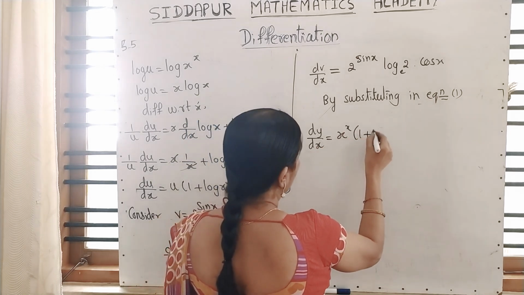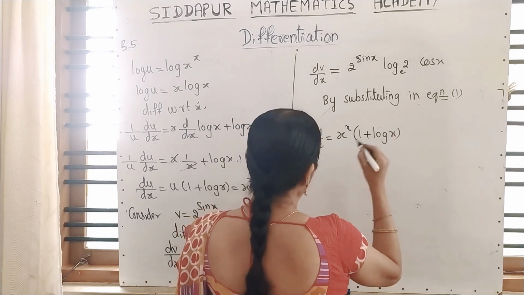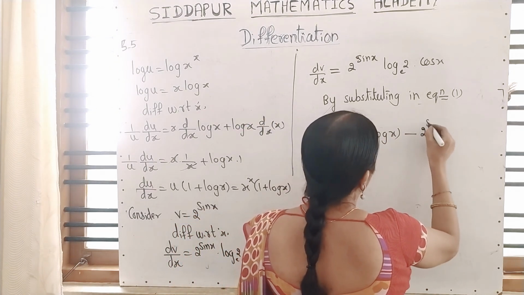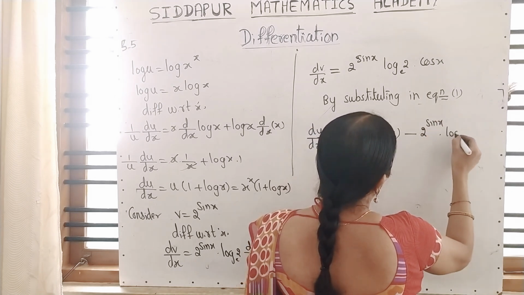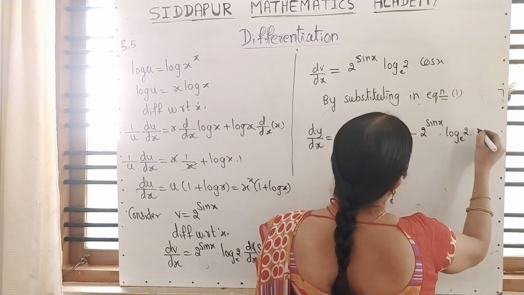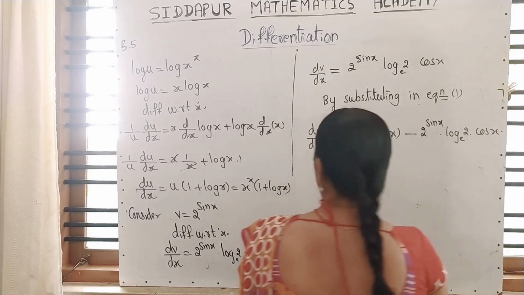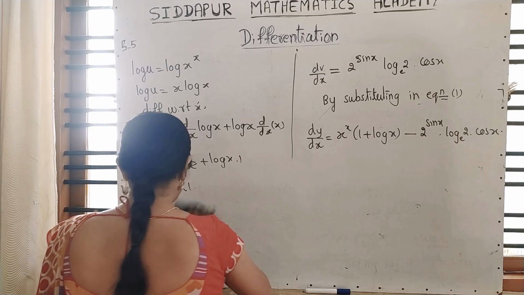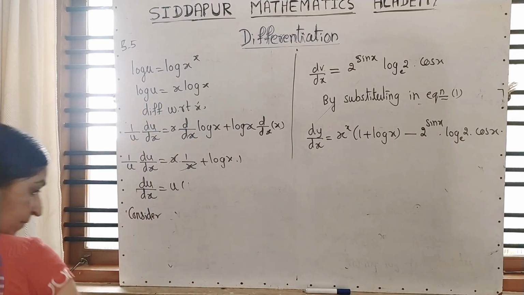X raised to x in the bracket 1 plus log x, middle minus is there. dv upon dx is 2 raised to sin x log 2 to the base e into cos x. See, very simple sums. Moving to the next question.